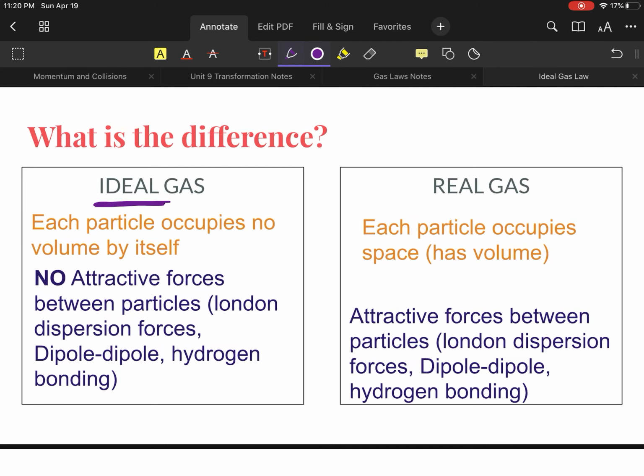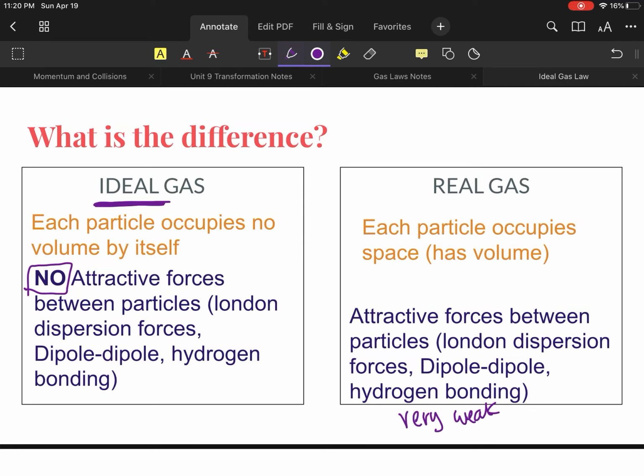The main thing is that when we have a real gas, we know that there technically are some attractive forces. They're just very weak, okay, but they are there. When we say ideal gas, we're assuming that there are no attractive forces. We can apply these equations to real gases because we change the rules just a little bit.